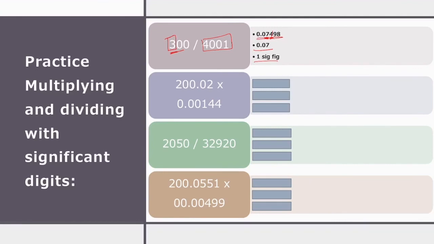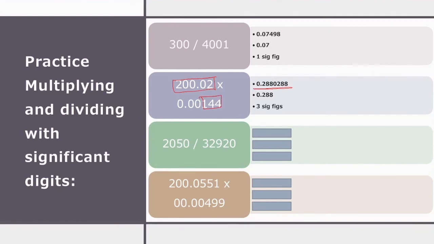All right, so let's do this one. We've got 200.02 times 0.00144. Here is my calculator answer. And in this number right here, if I'm counting sig figs, then I have 5. And if I count my sig figs in this number right here, I only have 3.